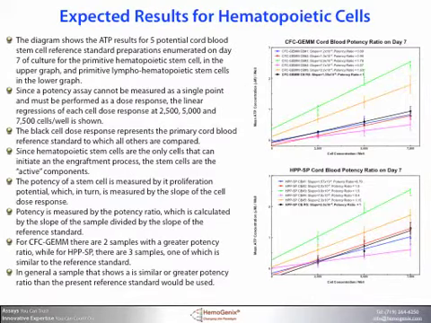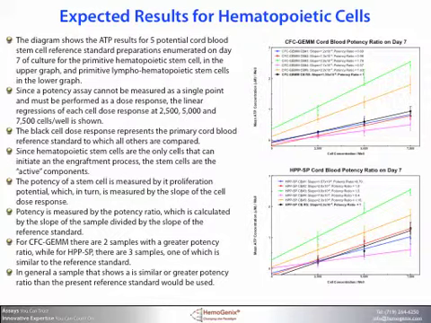Now let's take a look at some of the expected results for hematopoietic cells. The diagram shows the ATP results for 5 potential cord blood stem cell reference standard preparations enumerated on day 7 of culture for the primitive hematopoietic stem cell in the upper graph and the primitive lymphohematopoietic stem cells in the lower graph.